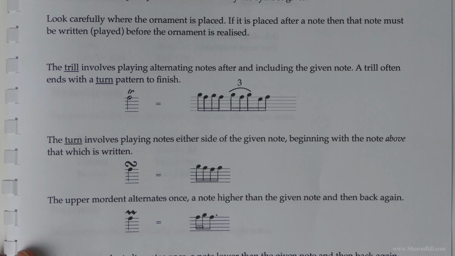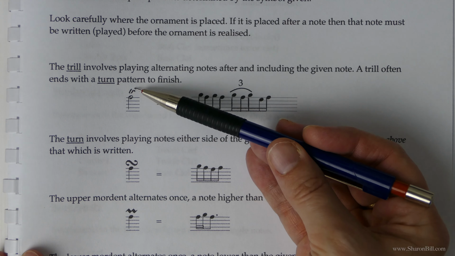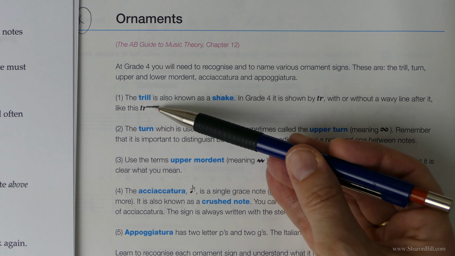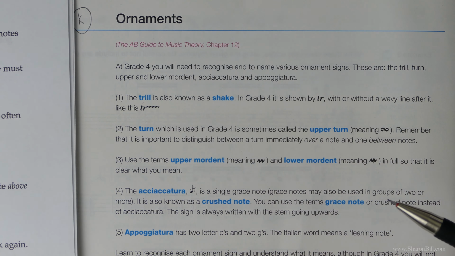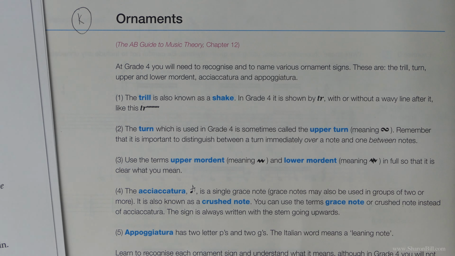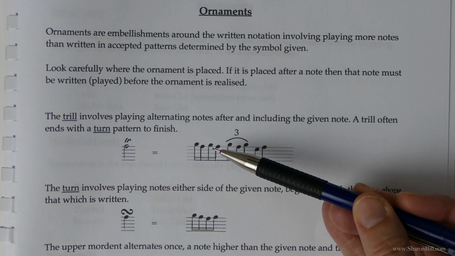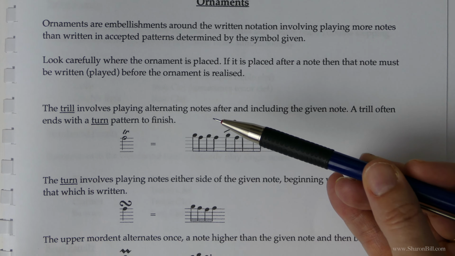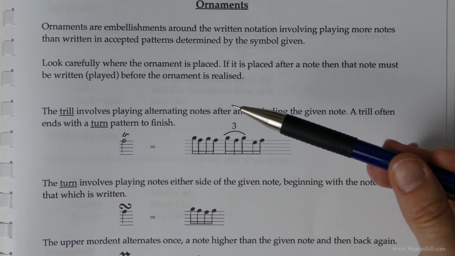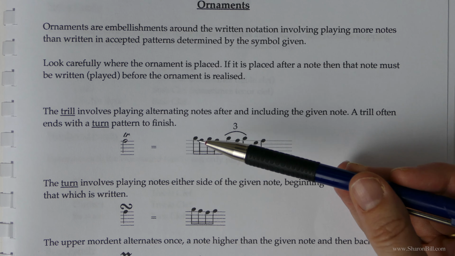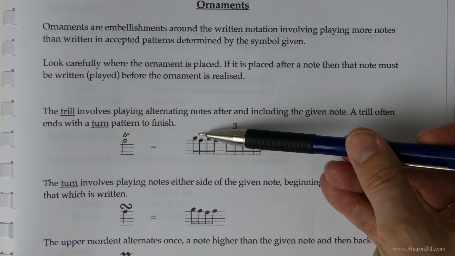So we've got a trill, which is written with a TR, or if it's a particularly long trill, we have a wiggly line after it. It can also be known as a shake. And really this is just alternating notes where it alternates up a note. Now in older music, up until the time of Mozart and Haydn, it begins on the upper note.